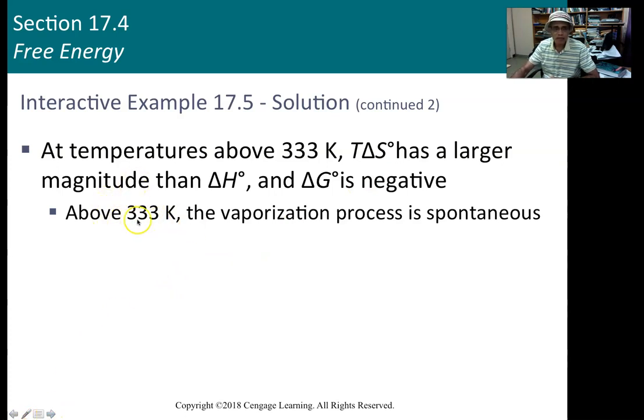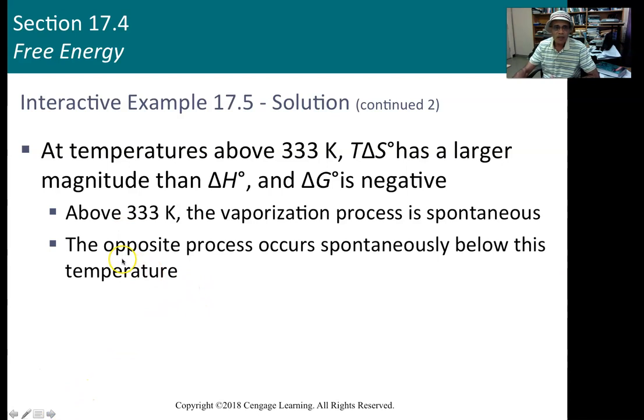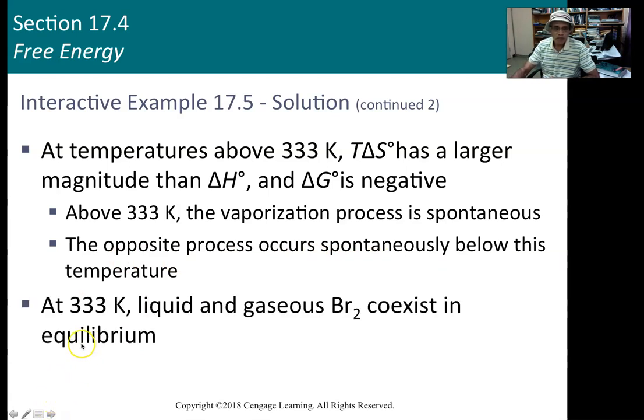At above 333 Kelvin, the process is spontaneous, because if you go above, then the delta G value becomes negative. But right at 333, it is 0. If you go one value higher, it starts to drop to negative. And the opposite process occurs spontaneously below this temperature. So at 333 Kelvin, liquid and gaseous bromine coexist, and we say that it is in equilibrium.